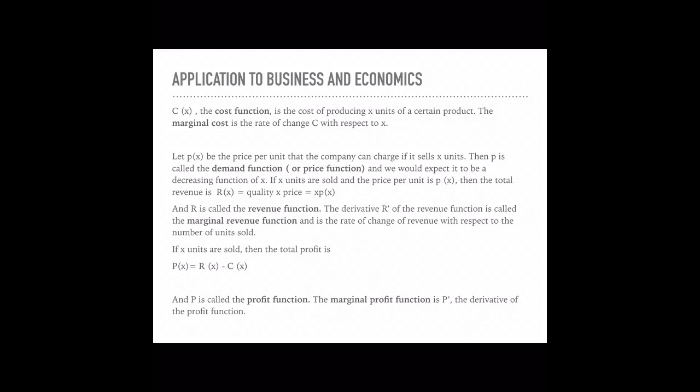It is the rate of change of revenue with respect to the number of units sold. If x units are sold, then the total profit is P of x equals to R of x minus C of x, and P is called the profit function. The marginal profit function is P', the derivative of the profit function.